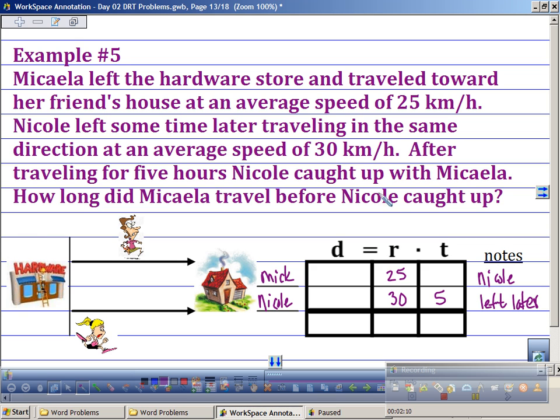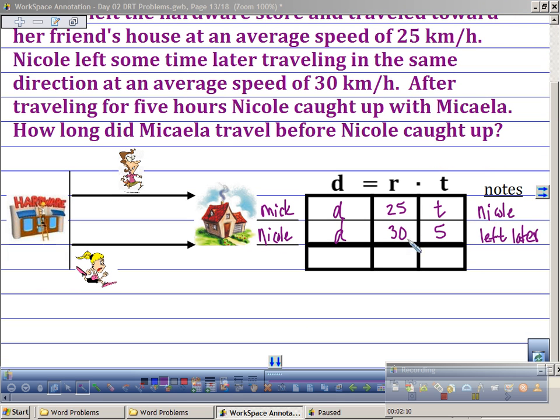How long did Micaela travel before Nicole caught up? We don't know yet. What am I going to put here? That's what I'm looking for, right? Since it's the same distance, this is a D problem.